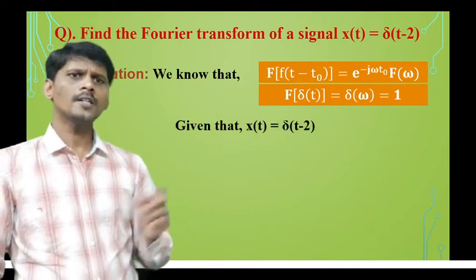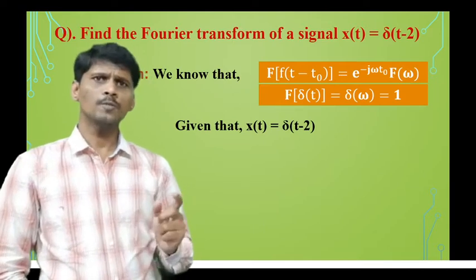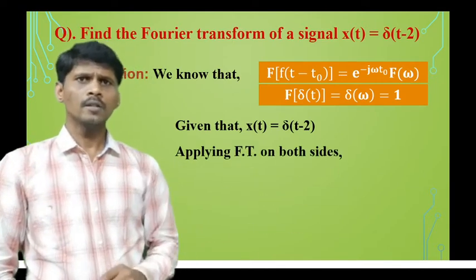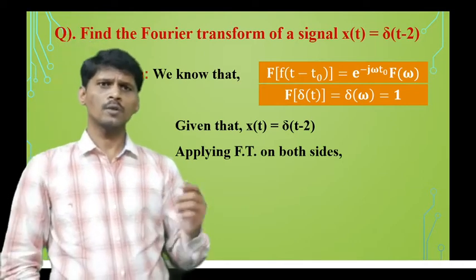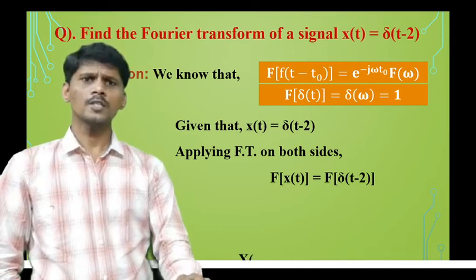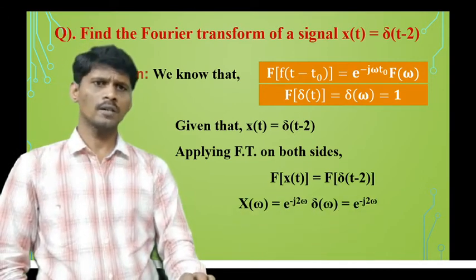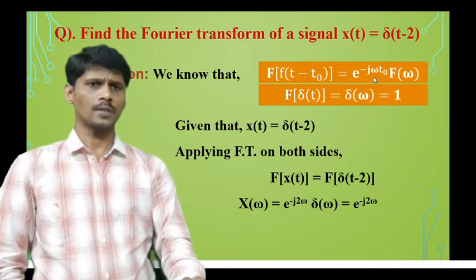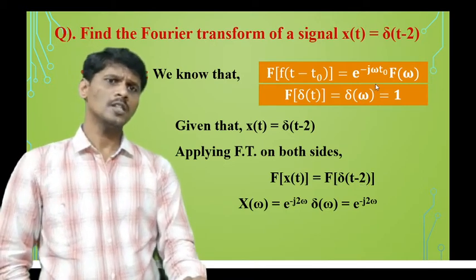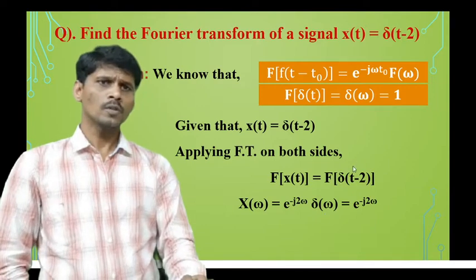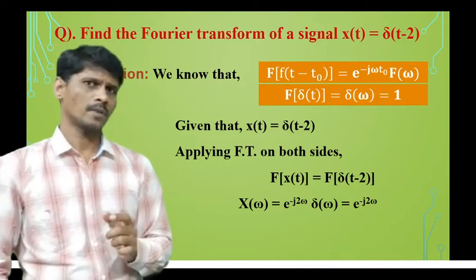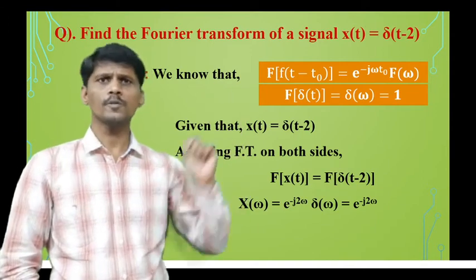Applying Fourier transform on both sides of the given signal, we get Fourier transform of x of t equal to Fourier transform of del of t minus 2. Fourier transform of x of t is X of omega. Using the time shifting property, what is the shifted amount here? 2 seconds. So e power minus j omega into 2. Fourier transform of f of t is F of omega.